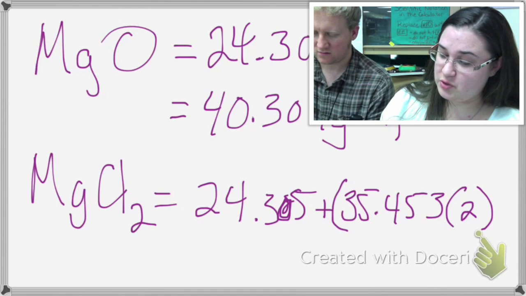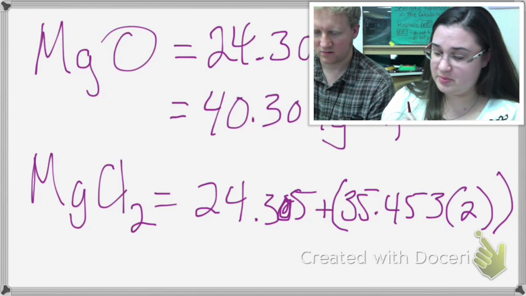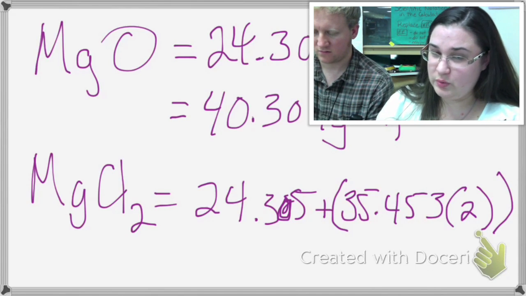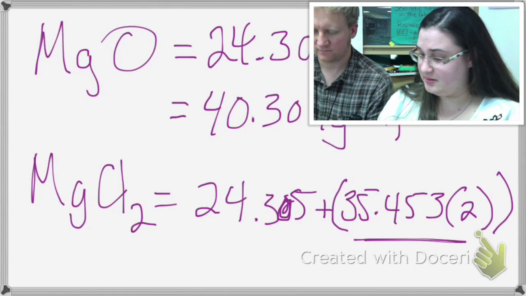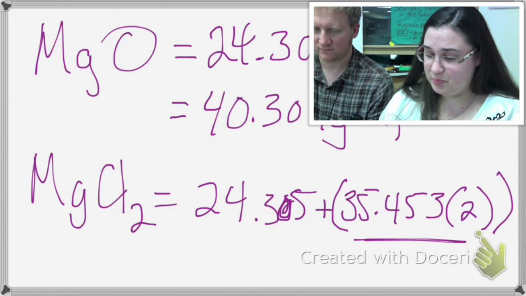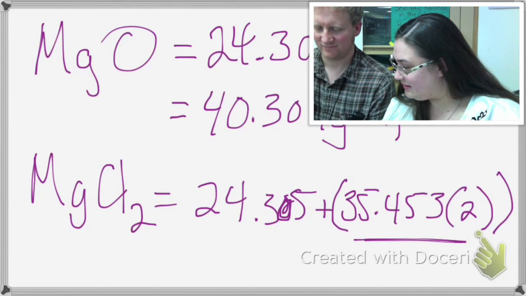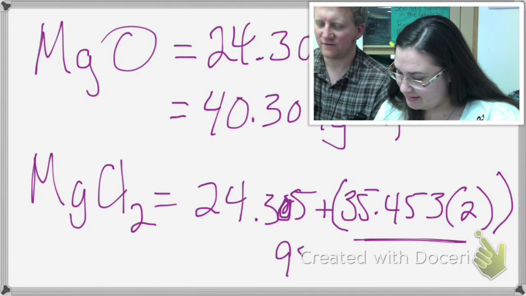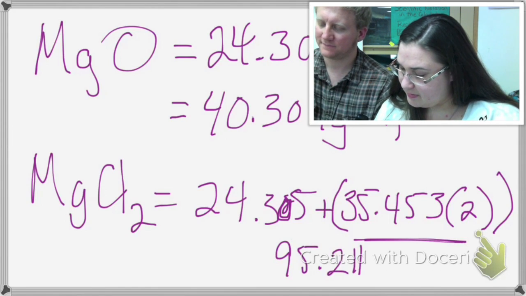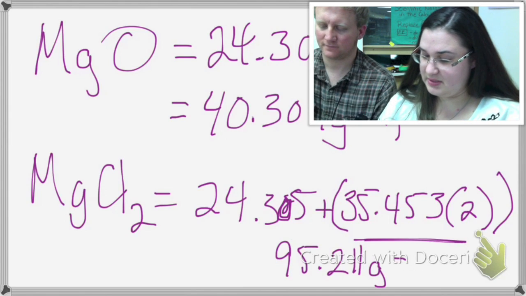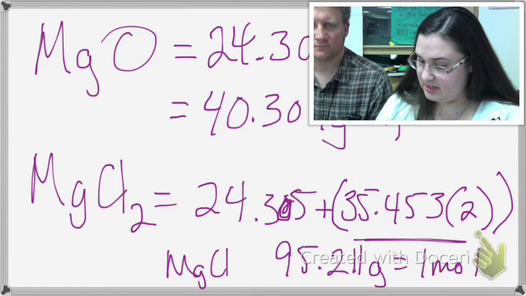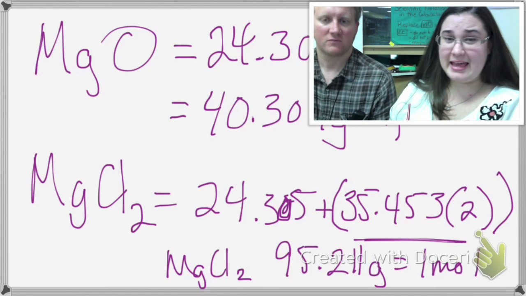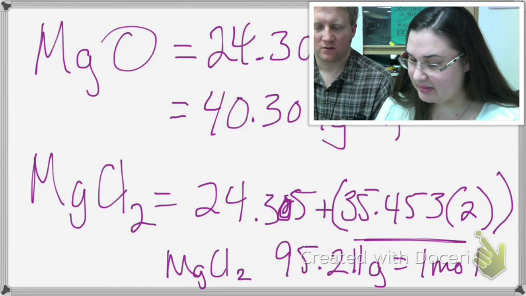So you would either need to parenthesis this whole thing when you multiply it, guys, or write down the answer, and then add it. Mr. Thompson is doing the parentheses. So I got 95.211. And again, it's still grams, and it is equal to 1 mole of MgCl2. Yay!